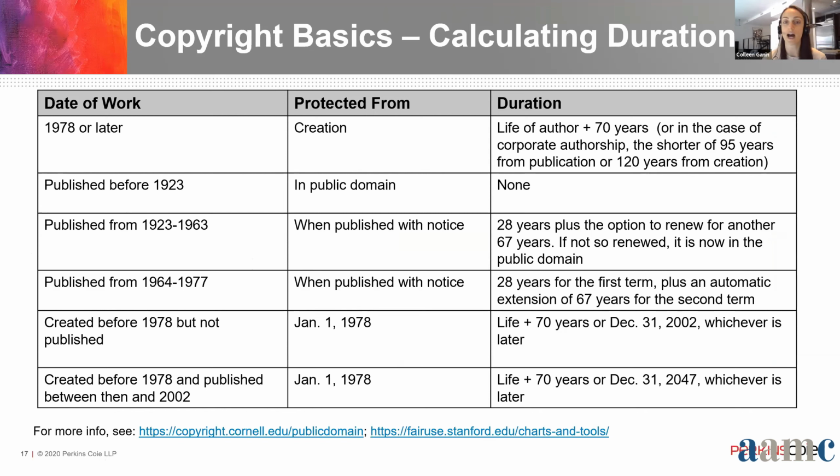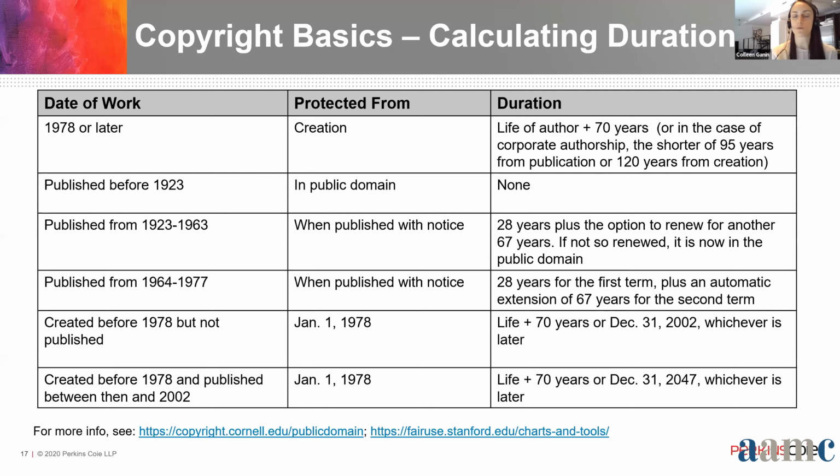So the question is, how do I know if a work is in the public domain? The answer will involve calculating the duration of the work's copyright, which varies depending on a variety of factors, including when the work was created, whether the work was published or not, which publication means, just as an aside, whether the author has made the work available to the public on an unrestricted basis.